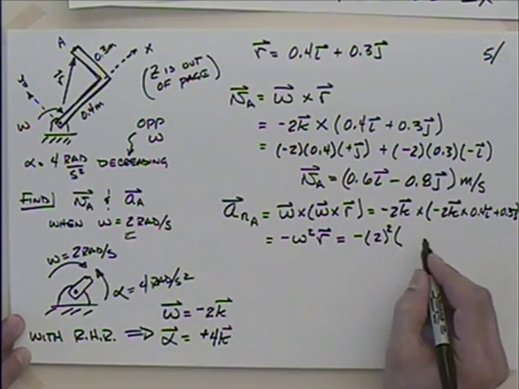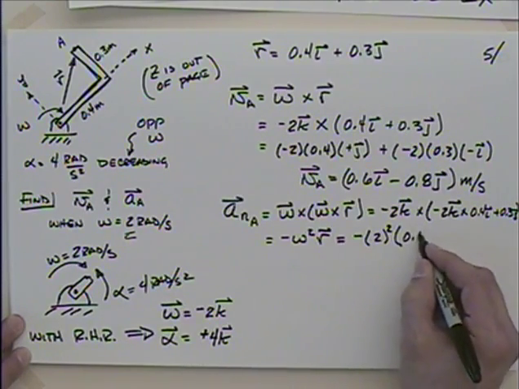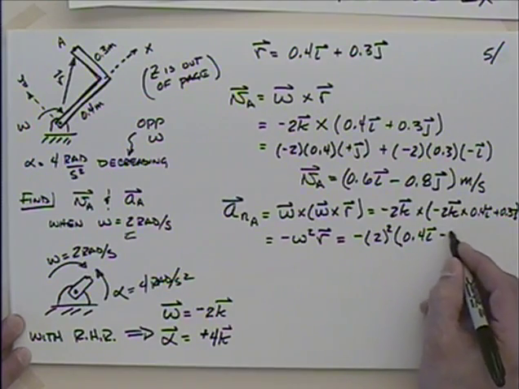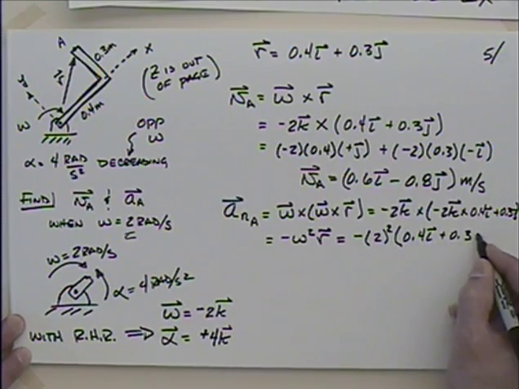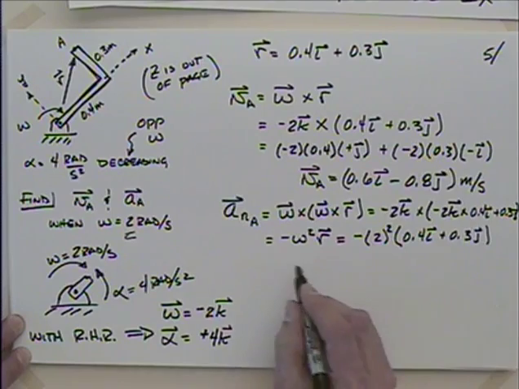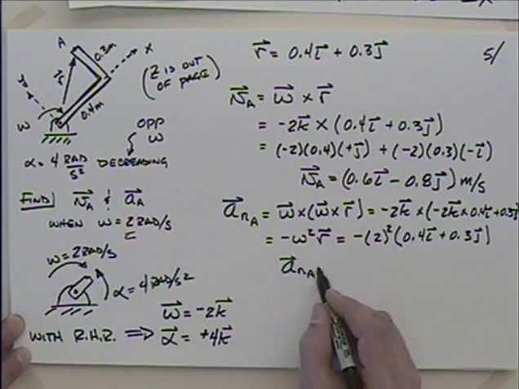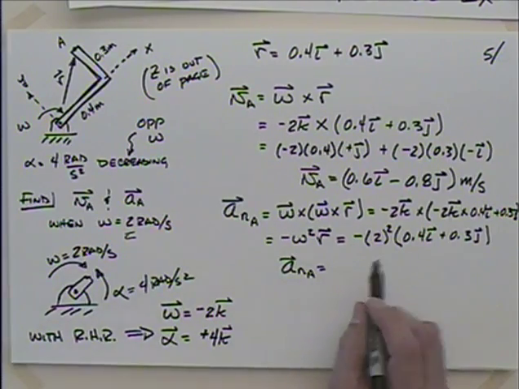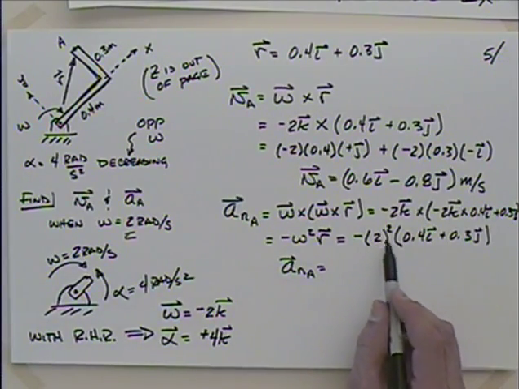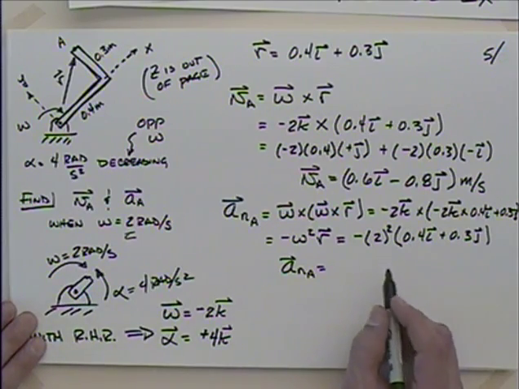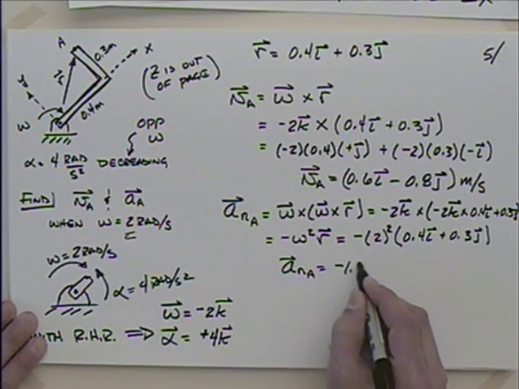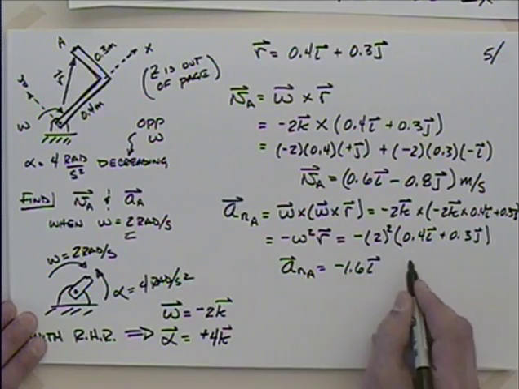And I have to multiply this whole thing by r, 0.4 in the i direction plus 0.3 in the j direction. So when you get done with this, your acceleration in the normal direction for A is going to be equal to, I'm going to have minus 4 times 0.4, which gives me what? Minus 1.6 in the i direction.